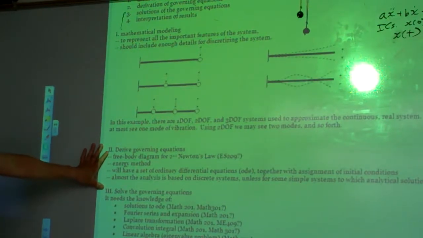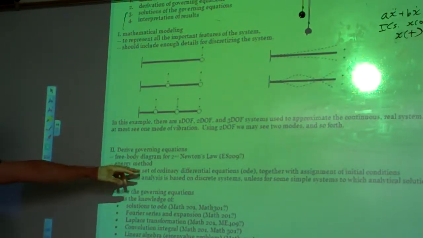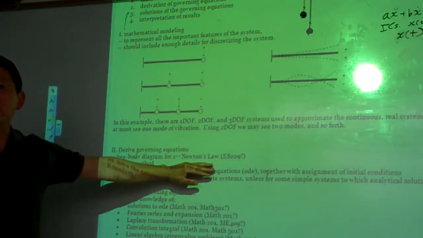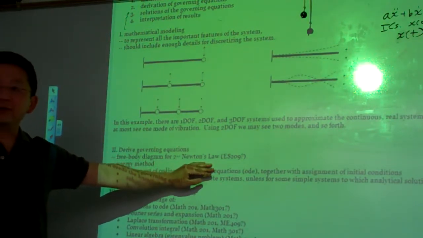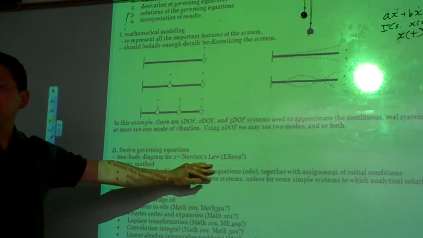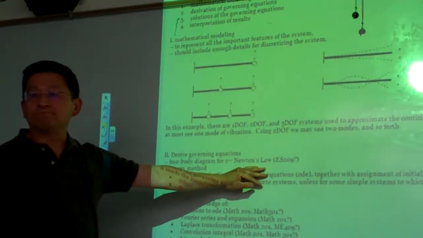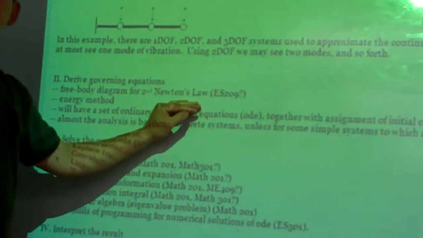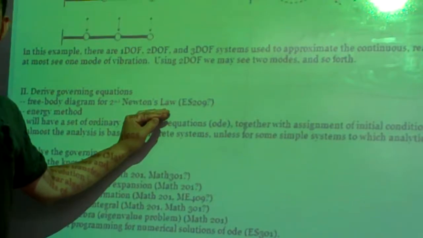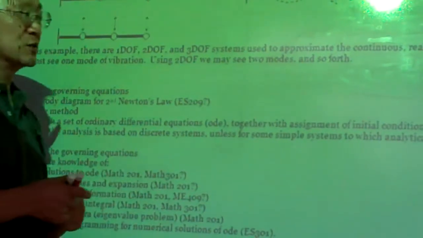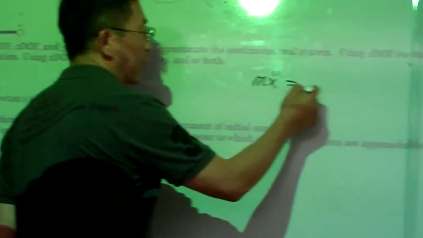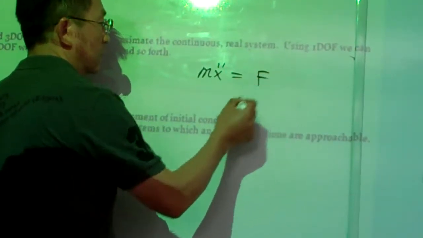Derive the equations. We're going to use Newton's second law, and the majority of this is really based upon what you have learned from dynamics, so probably you can dig it out. Most of the time we use translations, which means x double dot equals the external force, for example, something like this.